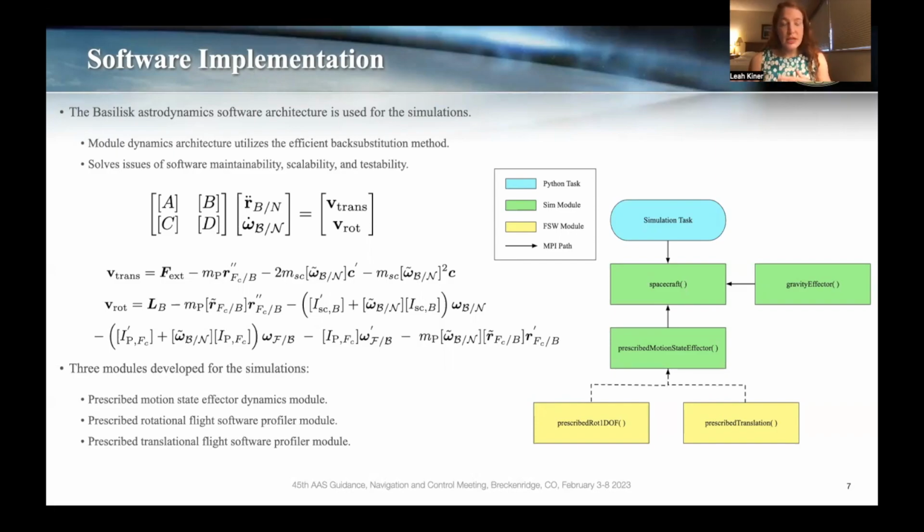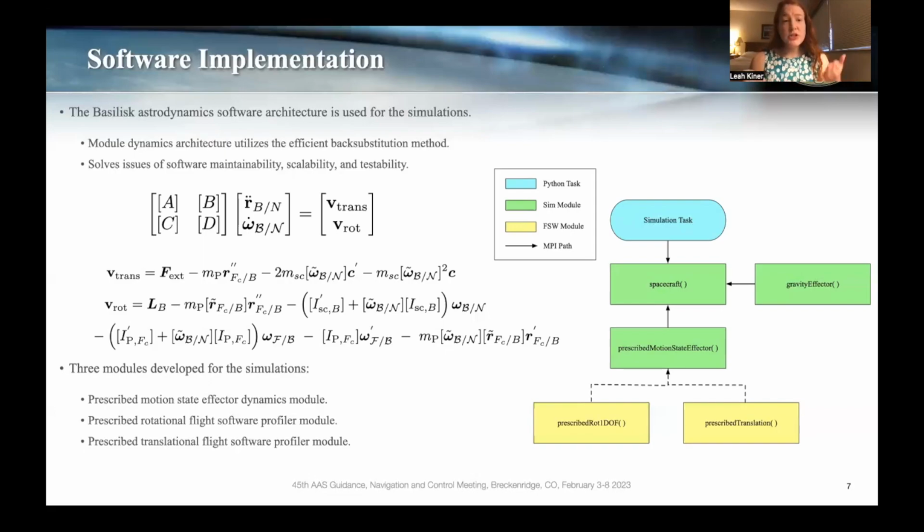So if we rearrange our translational and rotational equations of motion into this form shown here, we will see that our ABCD system mass matrix is going to be all zeros for this problem. On our right-hand side, this V-trans and this V-rot, we essentially have all of our contributions from our prescribed body.